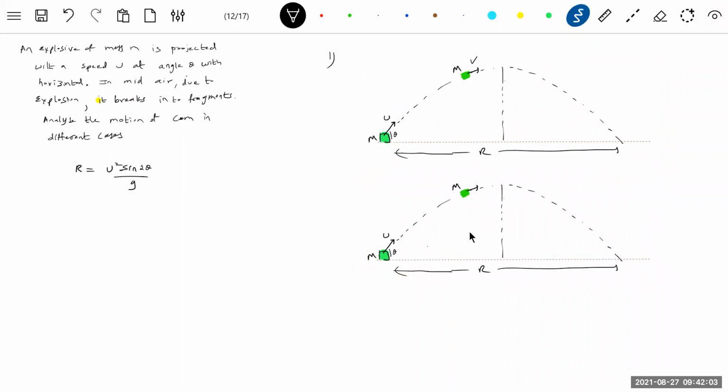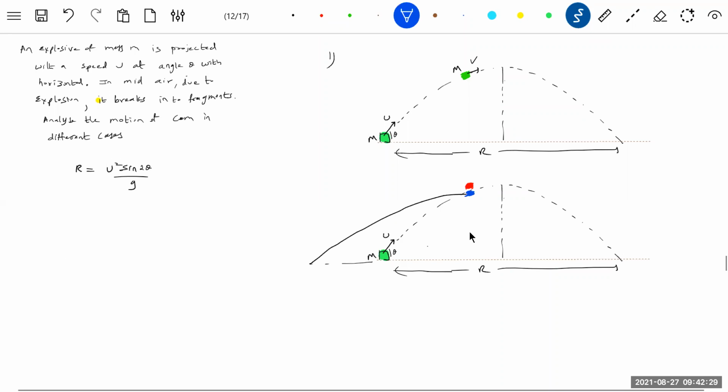So due to the explosion, what will happen to the fragments? One fragment, and the other fragment, these are the fragments. Now what actually happens is one of the fragments will trace out a path like this and land here, beyond the launching point.